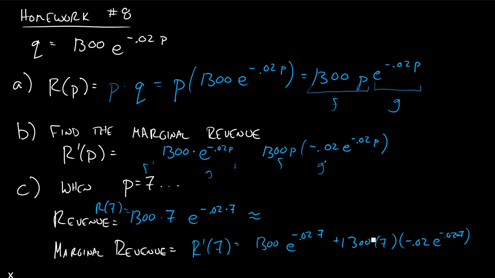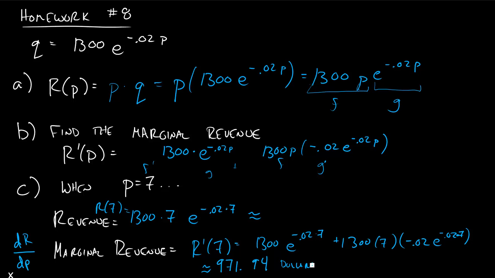Notice that we're looking at dr over dp, and so when we type this into our calculator, we get about $971.94.